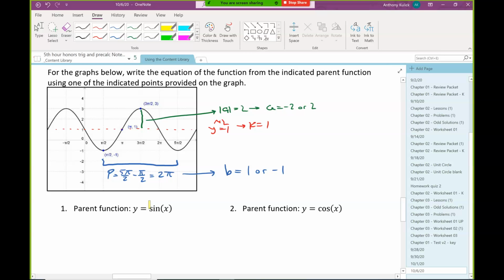So now if we're doing sine, what kind of point would I want to use to find the h value if I'm doing a sine graph? I want a midline point. So the midline point that I'm given on the picture is pi comma 1.